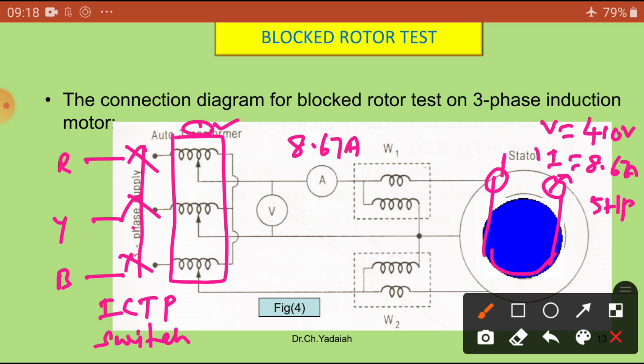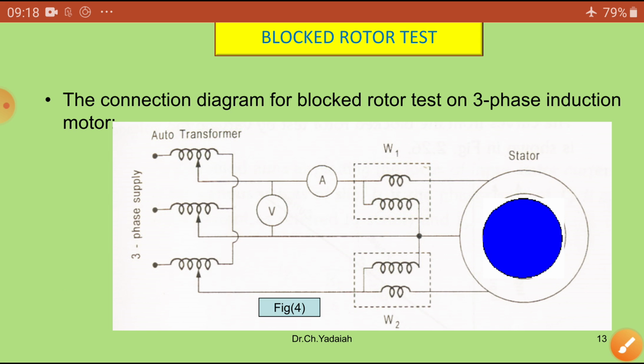Then stop varying the variac, and take the voltmeter reading, the ammeter reading, W1 and W2. After taking these 4 readings, bring the variac to the 0 position and open the iron clad triple pole switch. This is the procedure for the AC test, similar to the short circuit test on a transformer. After taking these readings, we are going to do the calculations.